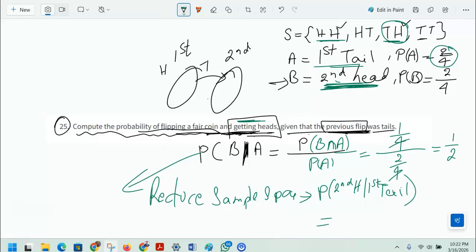So how many places out of these have a second tail? You can see them here and here, these two. That means there are two. And among these, which one has head second? You can see this is the head, which is second. So it is 1 out of 2 and you're done. So this is another way to do this.